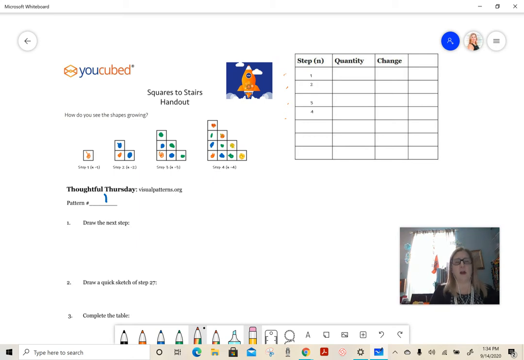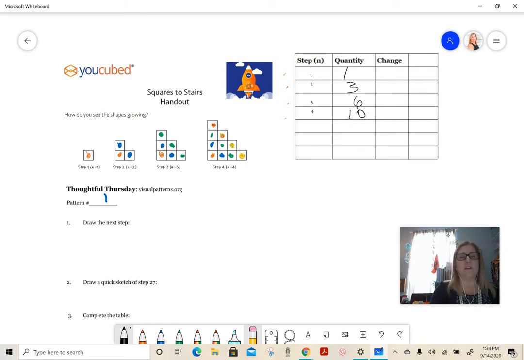And so I noticed that in step 1, there was 1 square. And in step 2, there were 3 squares. And in step 3, there were 6 squares. And in step 4, there were 10 squares.